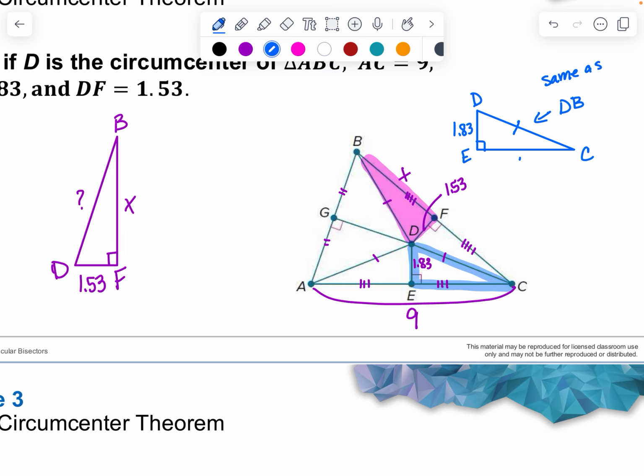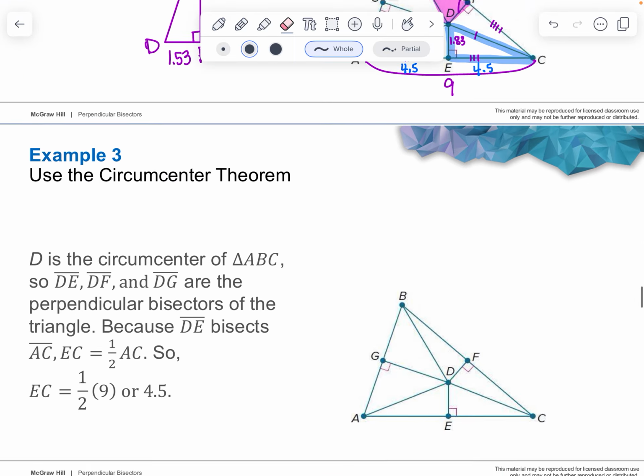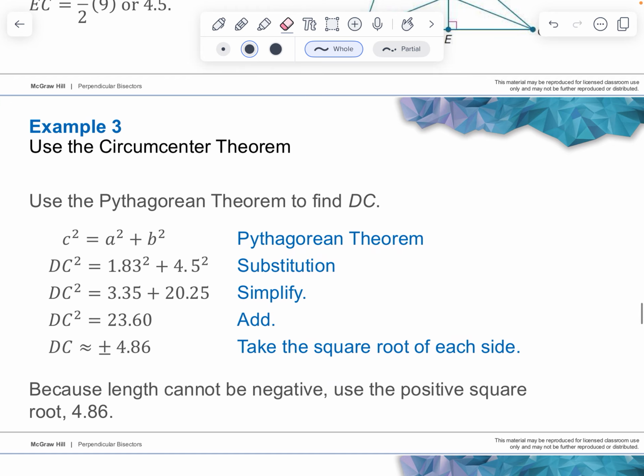All right. And this one is going to be 9 divided by 2 because AC gets split in half. So 4.5 and 4.5. So that's going to be 4.5. All right. And now I can solve that because it's right triangles. Right triangles, guys. We can do that. We can solve it because of the Pythagorean theorem.